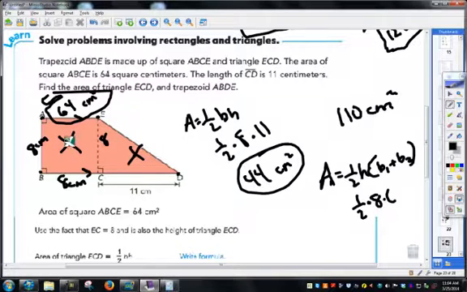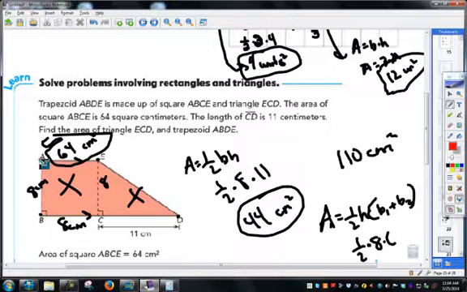This base right here, AE, is 8 because that's a square, and the base down here is 8 from there to there and 11 from there to there. Put them together: 8 plus 11 is 19.